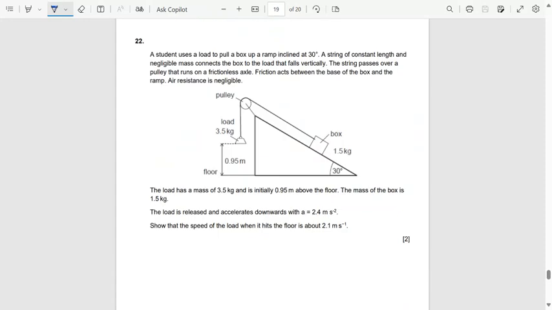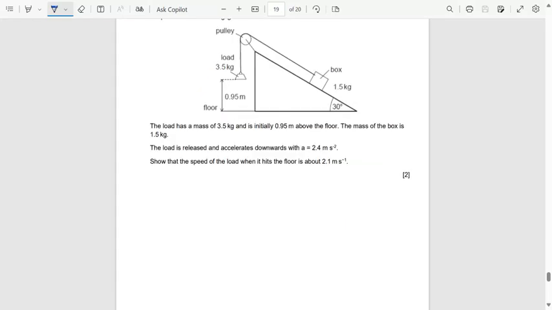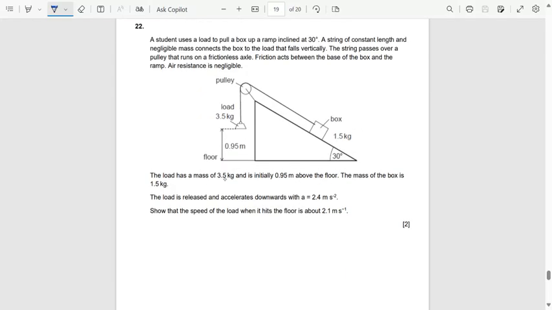The final question is about a box that's being pulled up a ramp inclined at 30 degrees. The string passes over a pulley on a frictionless axle, but friction acts between the base of the box and the ramp. Air resistance is negligible. The load has a mass of 3.5.